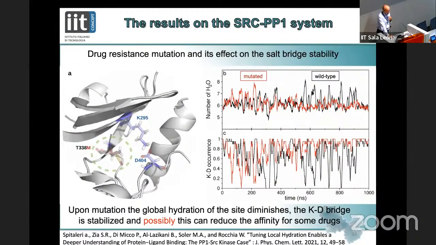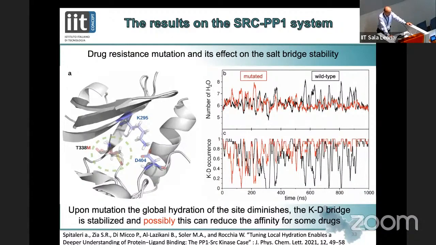There is a very well-known mutation, from people who are working in the cancer field. We did this as a collaboration with Bissan Al-Lazikani, who at the time was at the ICR in London. So there is a well-known mutation, 338 to threonine, that is a resistance mutation after the cancer is treated with some kinase inhibitor.